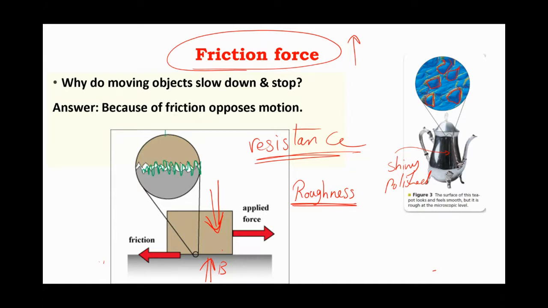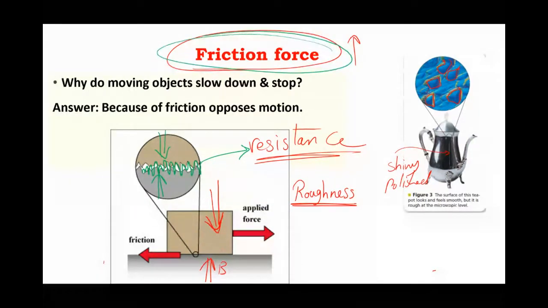You push them against each other, so this will increase the resistance, because you bring them closer to each other. You allow these irregularities to enter inside each other. So this will increase the whole friction force of the surface.